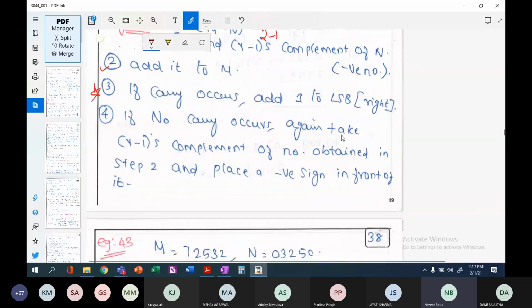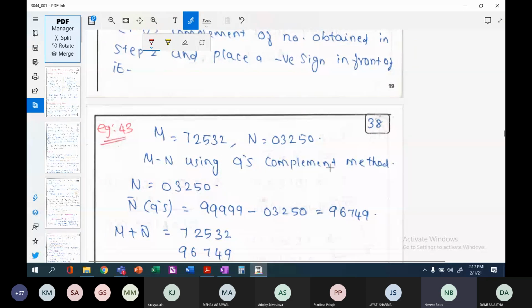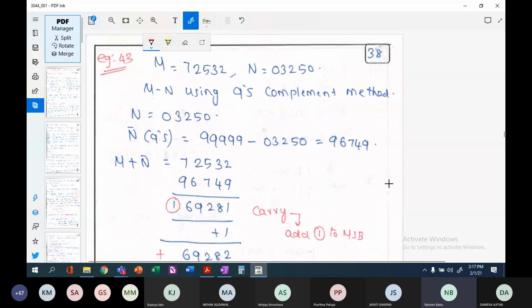So let us follow that. I am just slightly moving faster. I have taken the same example: 72532 minus 03250. From our previous experience, we are not subtracting it from just 4 nines, but we are subtracting it from 5 nines here because this is a 5-digit number. So subtracting from 5 nines minus 03250, 96749.